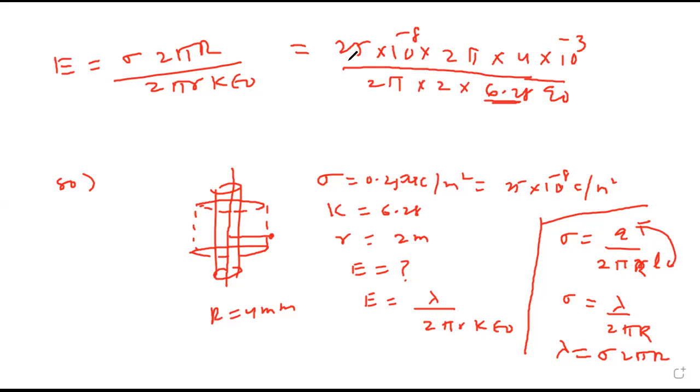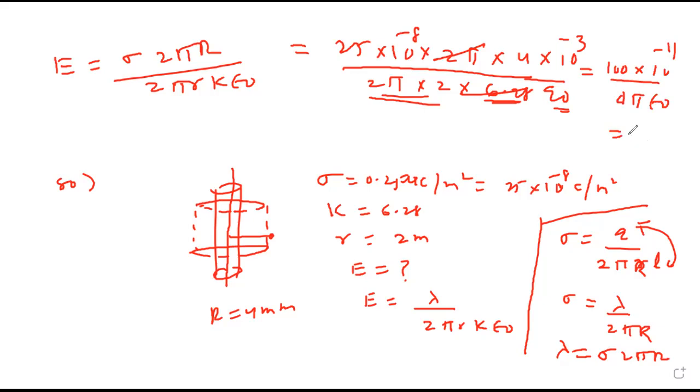Is it 2 pi? Yes, sir. So this 2 pi and this 2 pi I can cancel. Now can you tell me what is 1 upon 4 pi epsilon naught value? 9 into 10 raised to 9.